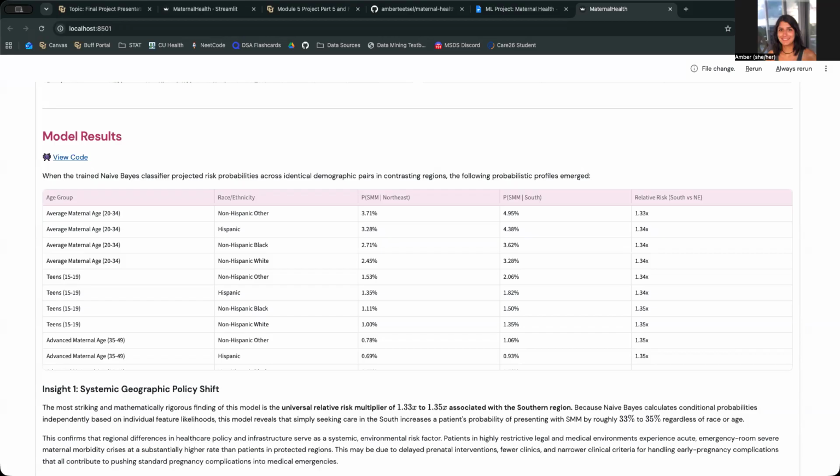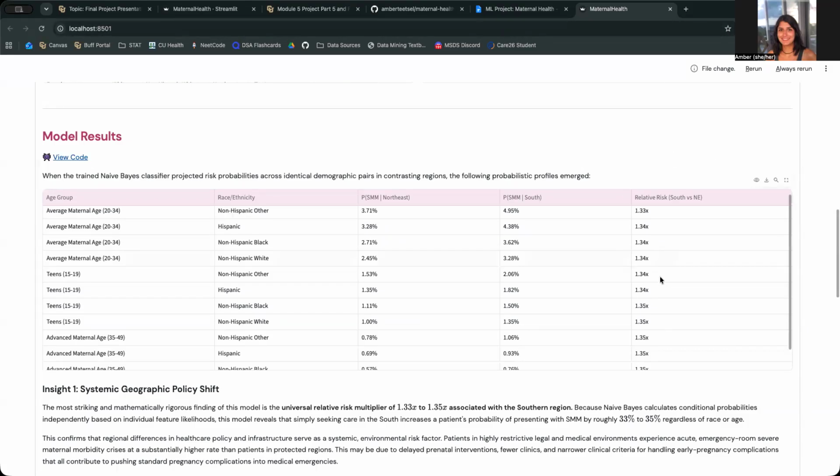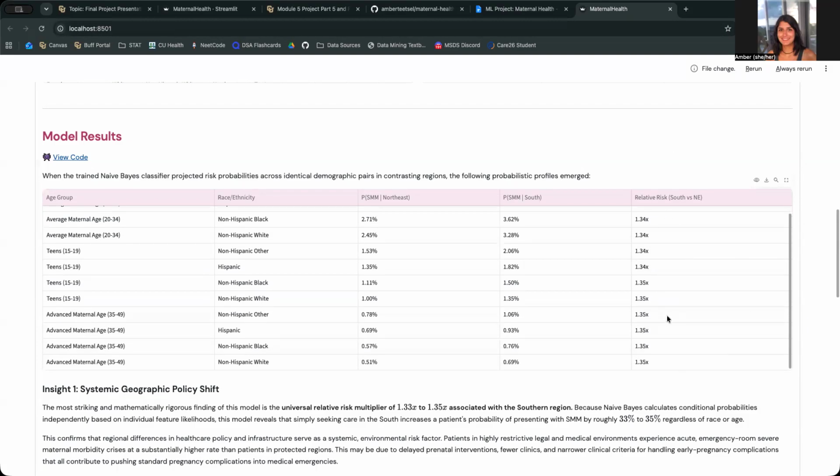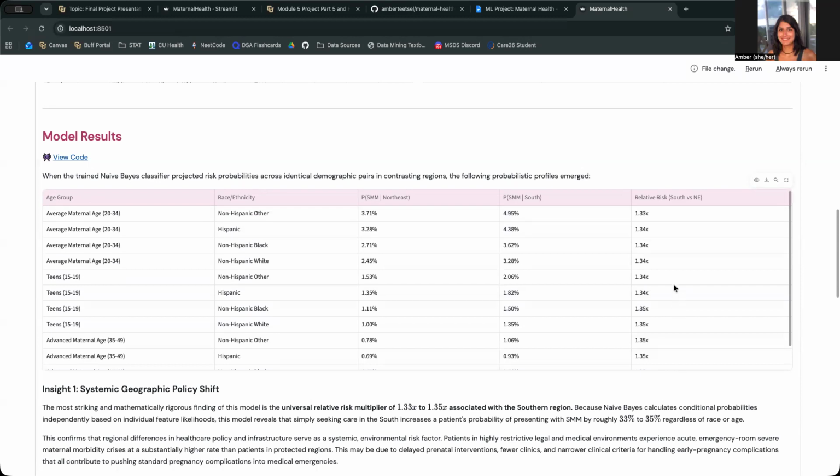So using only those three factors, the model isolated a universal relative risk multiplier of 1.3 all the way to 1.5 for the South. So what this means in plain English is that simply seeking care in a highly restrictive policy environment like a southern state increases a patient's risk of facing a life-threatening crisis such as sepsis or severe hemorrhage by 33 to 35%, completely independent of their age or race.